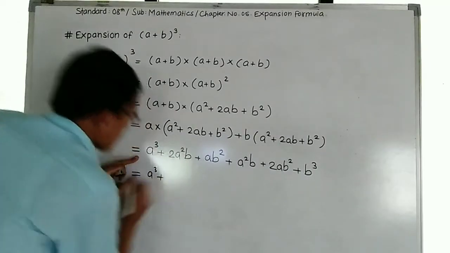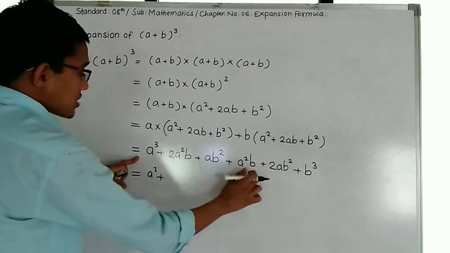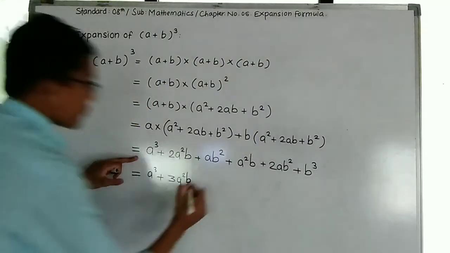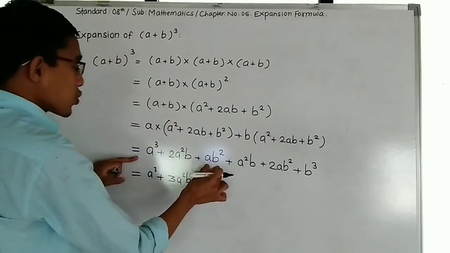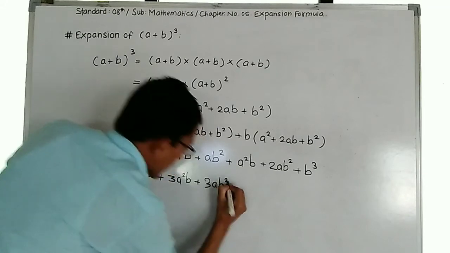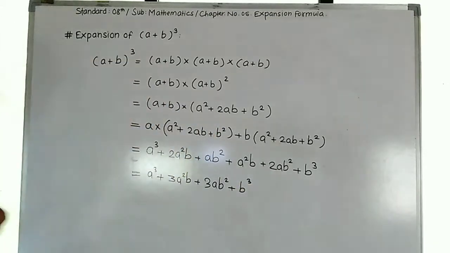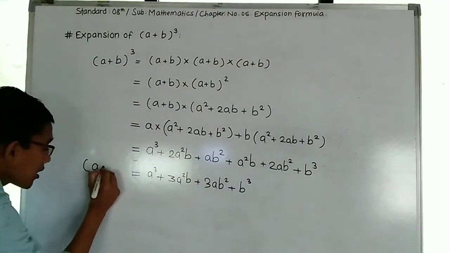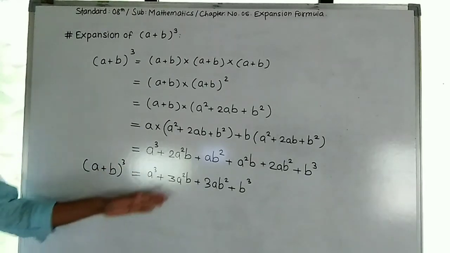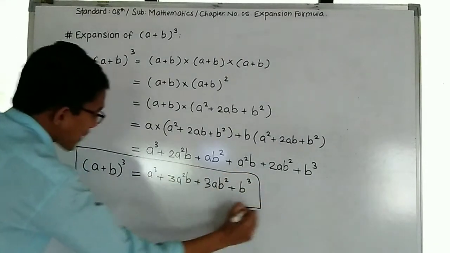Now 2a^2b plus a^2b is going to be 3a^2b. Then ab^2 plus 2ab^2 is going to be 3ab^2, and b^3 as it is. So we got the expansion of (a + b)^3 equals a^3 + 3a^2b + 3ab^2 + b^3, and this is the general formula of this type of expansion.